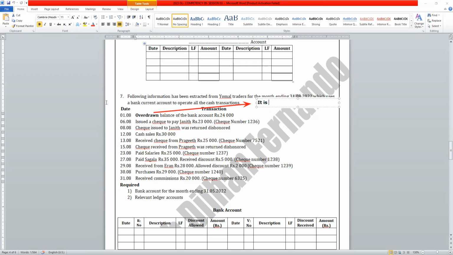Overdrawn balance is a facility given by the banks to the current account holders to spend more than what they have in their bank account.